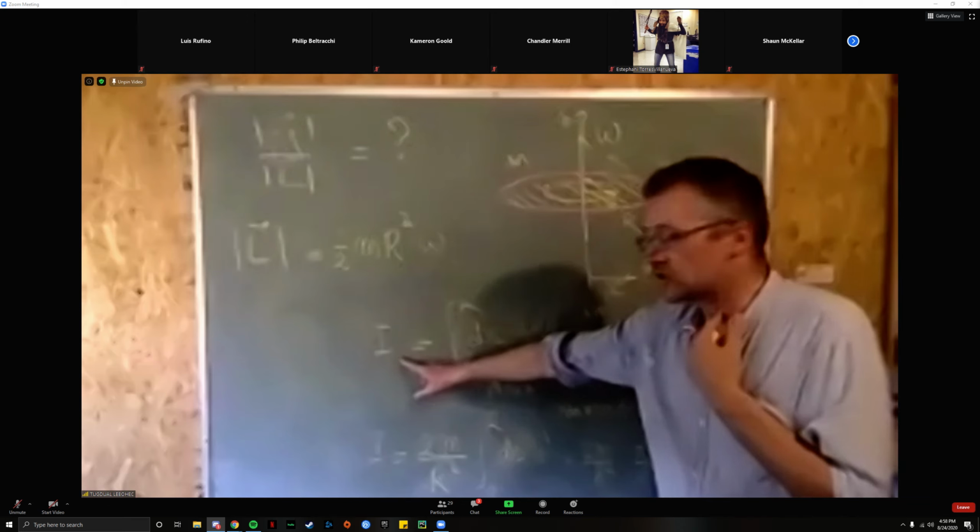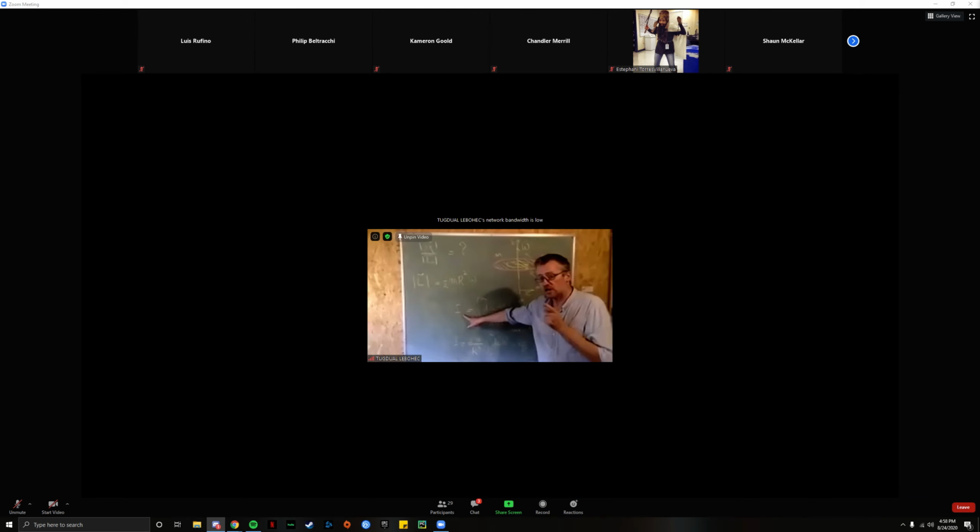So here, I'm trying to calculate the moment of inertia of the disk. One of you suggested that we break the disk into rings and sum up the contributions of the rings, right? So for that reason, I do an integral from 0 to the radius of the disk, big R. First I write the element of area, the area of the ring.